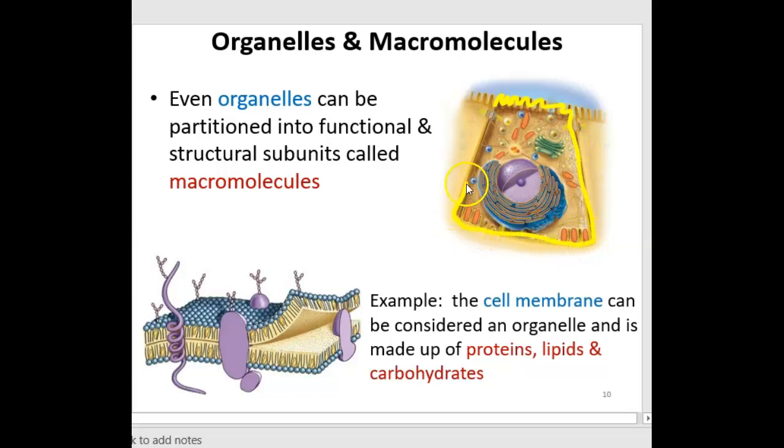It's actually made up of a certain kind of macromolecule, which is called a phospholipid, but it has proteins embedded in it as well. So this is a cross-section of the cell membrane. And what you see are phospholipids here and here, 2 layers, and then some purple proteins that are really big that are embedded inside the membrane. And each has a certain function, which we'll talk about later.